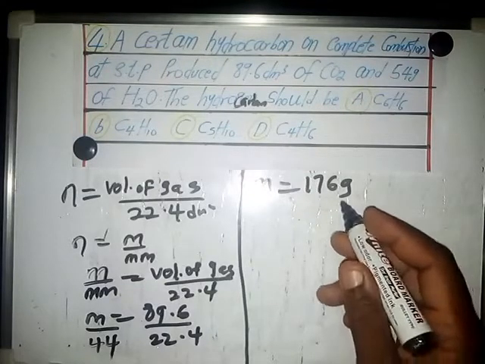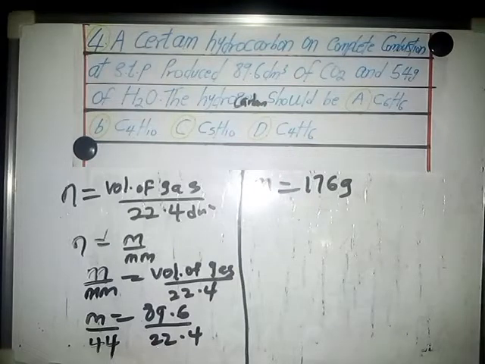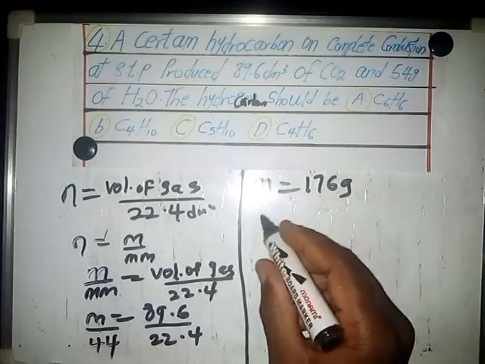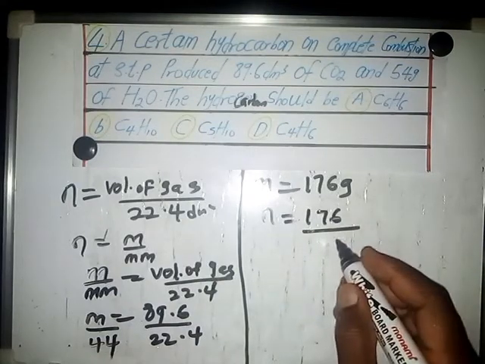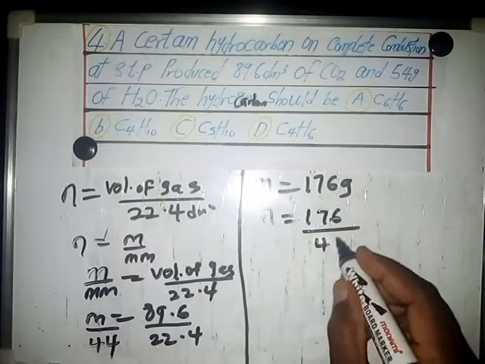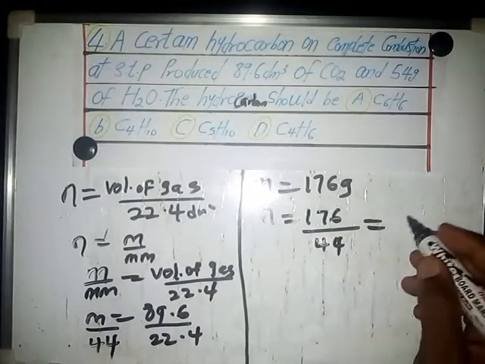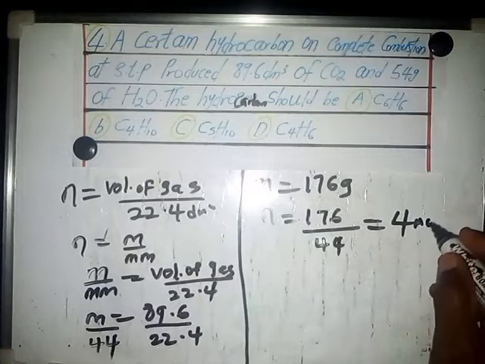So since I've gotten this one, this is the mass of the gas. So I want to now calculate the amount in mole of this gas. And amount in mole equals to mass over molar mass. So I'm getting 4 mole.